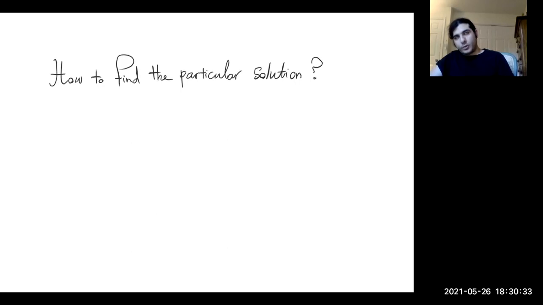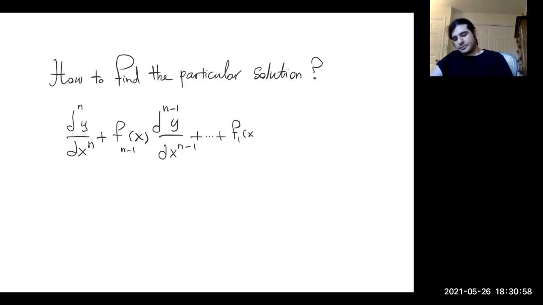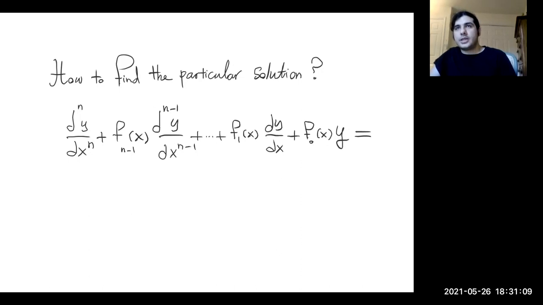Suppose we have some equation which has some number of derivatives of y with respect to x. In general, it might be order n. And then there are functions, say f n minus 1, multiplying the n minus 1 derivative of y with respect to x, etc. If this thing was equal to 0, it would have been homogeneous, but if it's equal to something else, it's not homogeneous.